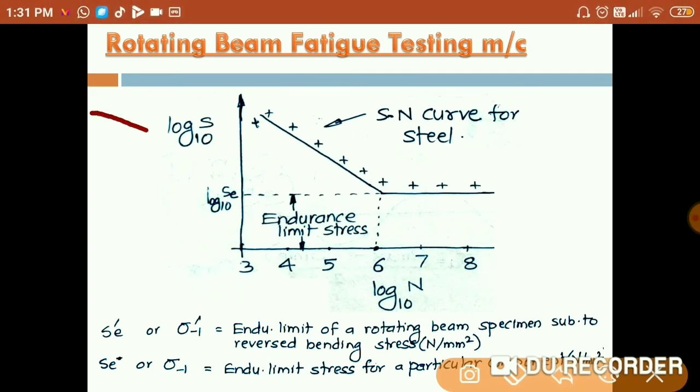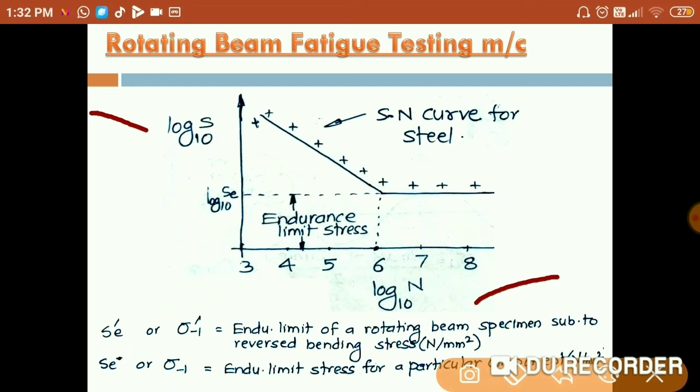Here on this side you can see the number of cycles, and this one is the stress, which is plotted on log paper. Each test gives one failure point. An average curve is drawn through all the failure points, because the curve will not pass through all the points, so you will have to take the average into account.